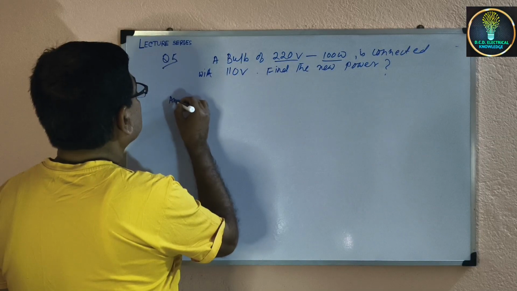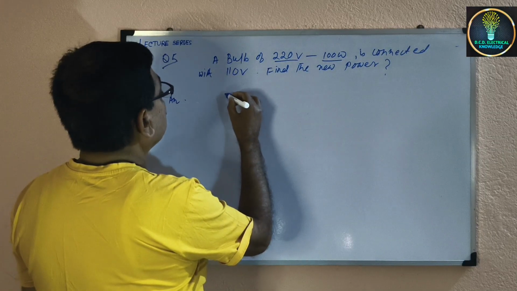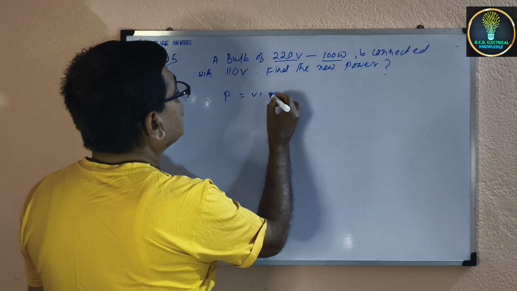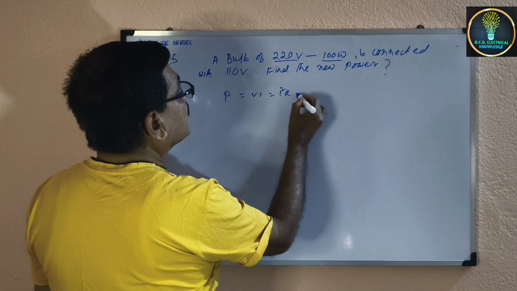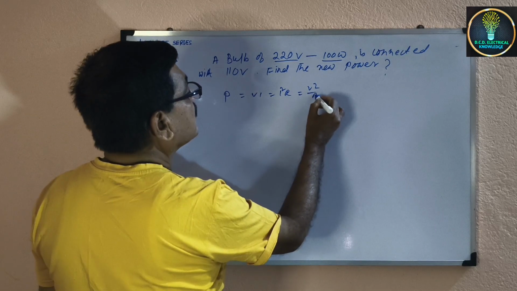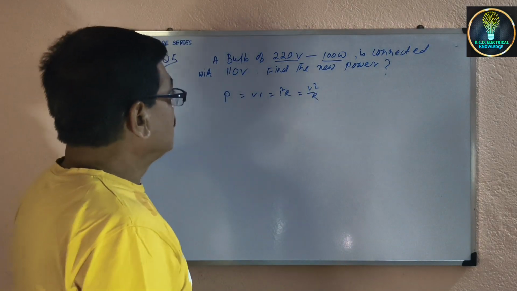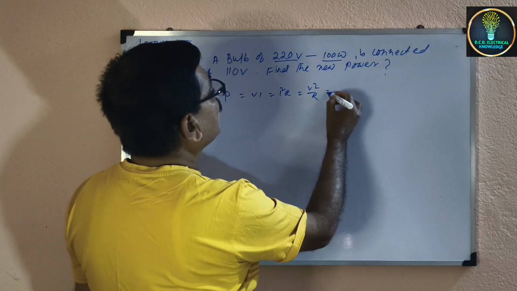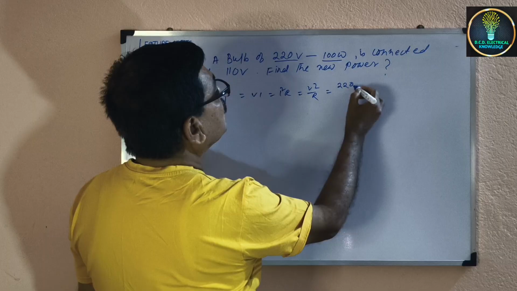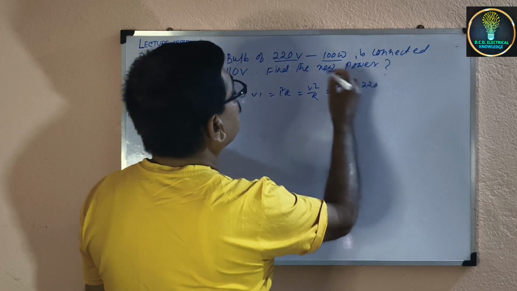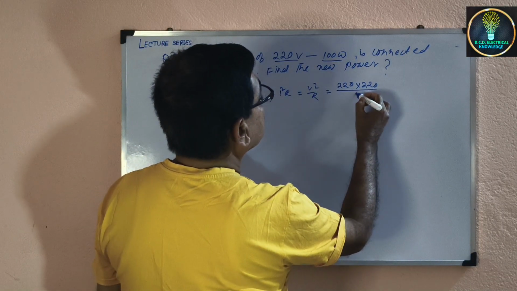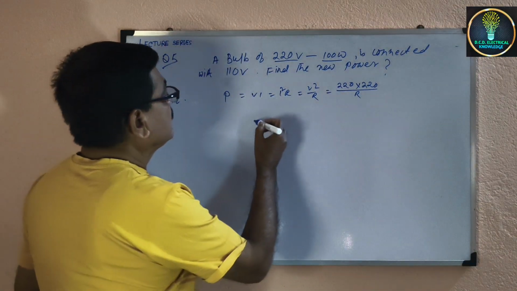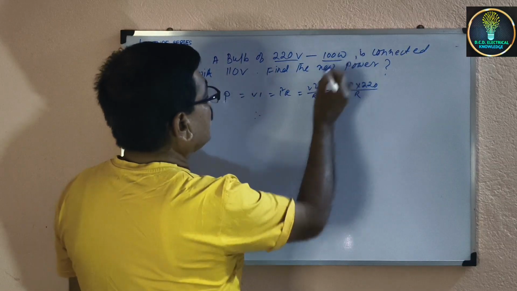Now, we know that power P is equal to VI, that is I square R or V square by R. Then, since the V is given, now we can put the value of V as 220, V square by R, and P is equal to 100.